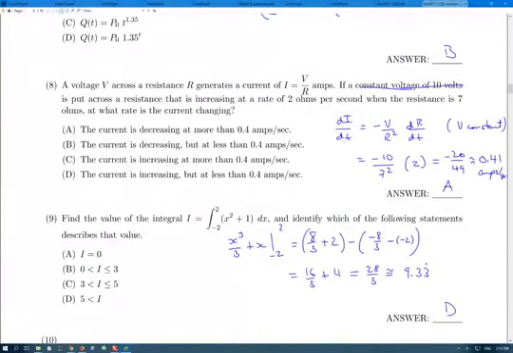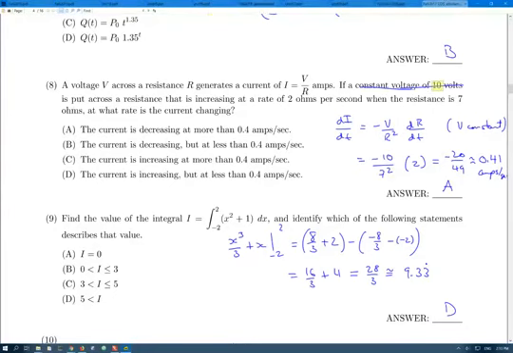So if the derivative process made sense, what we used was v as a constant. So we were basically just differentiating 1 over r. That gave us negative 1 over r squared, and then the derivative of r with respect to t from the chain rule. And then we just went through the question and found the ingredients.